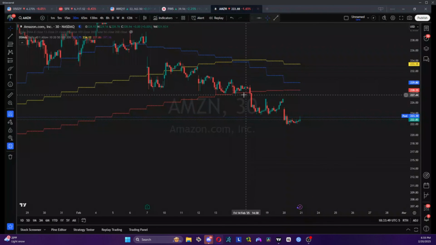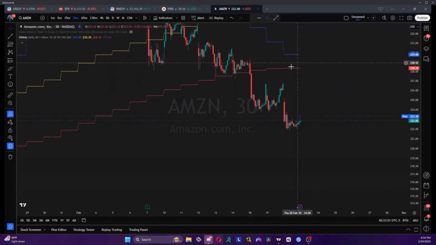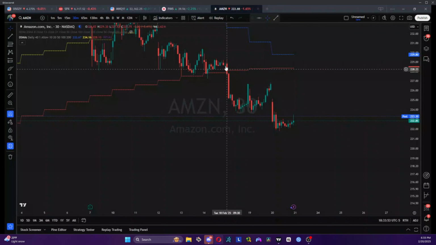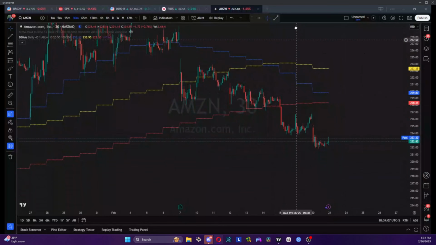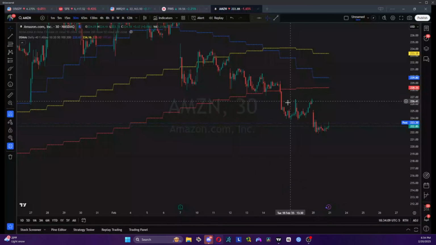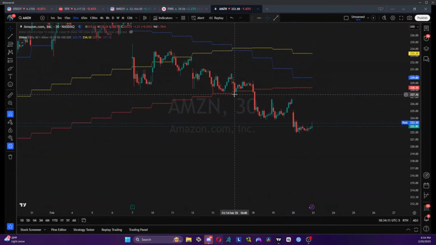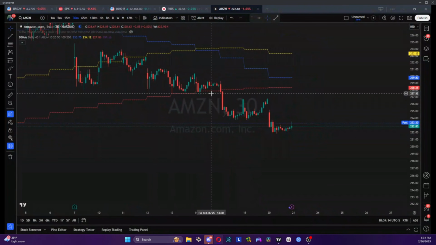You could have taken puts at the close because on the 30-minute time frame, price pushed down below the 50, and you would have woken up the next day and caught this entire move. Because once you break these major static daily levels, you're going to have a continuation to the trend more than 80% of the time. Again, this is not a proven statistic, I'm just throwing out a number.